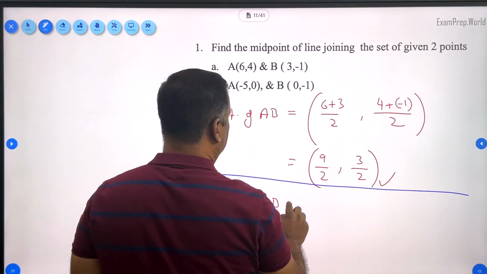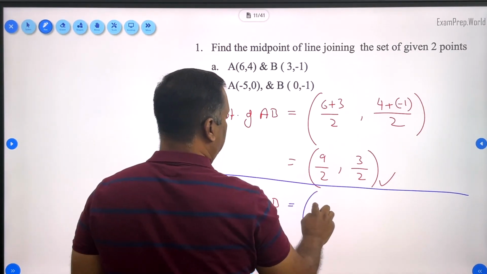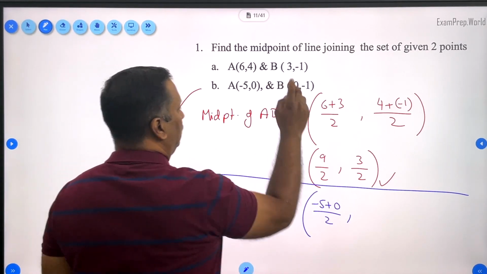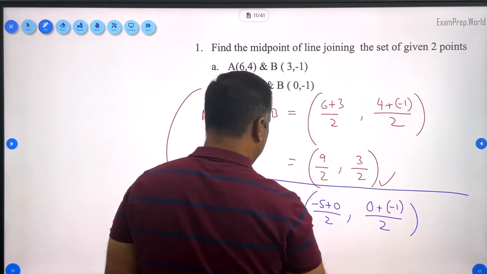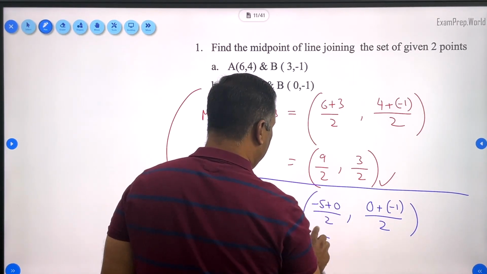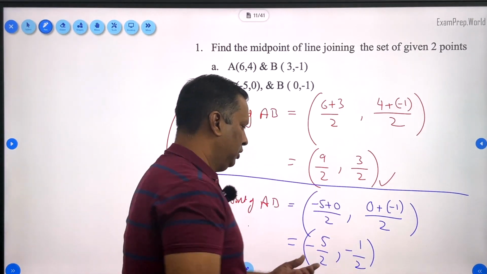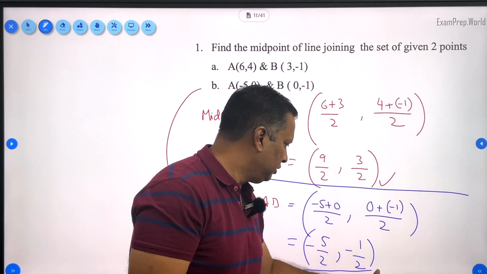So it is -5 plus 0 over 2, and 0 plus minus 1 over 2. So it is -5 over 2 and -1 over 2. So -2.5 and -0.5, you can leave the answer in fractions.